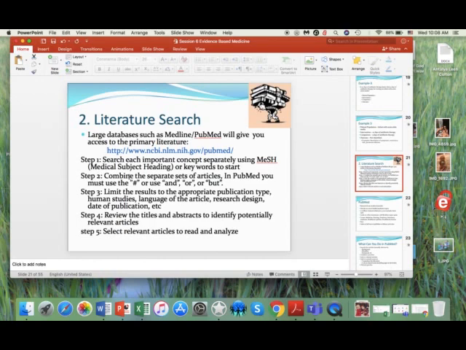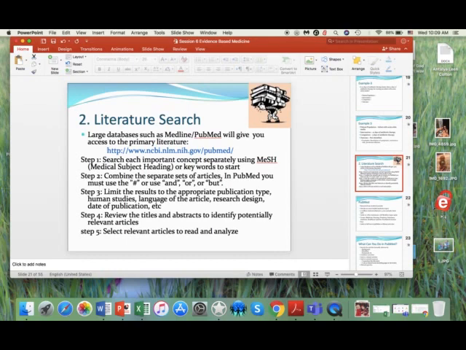But a lot of times, if you put in diabetes, you're going to get thousands and thousands of articles, but you want something more specific. So you're going to be putting in things like diabetes and metformin and increased life expectancy, something like that.